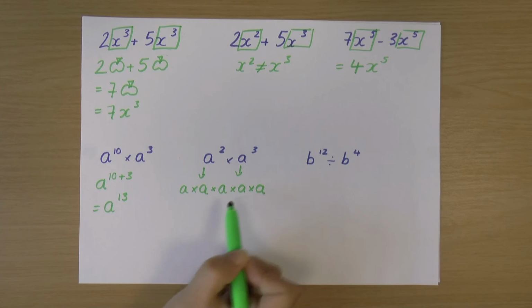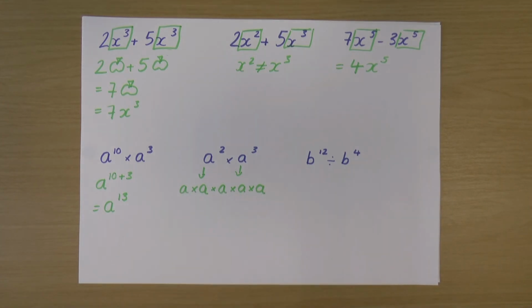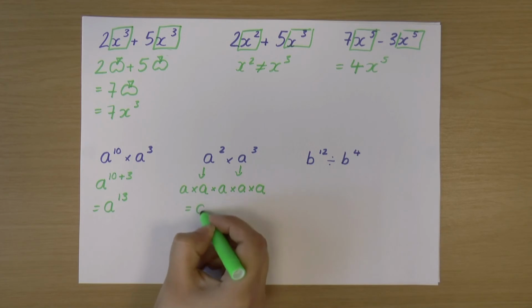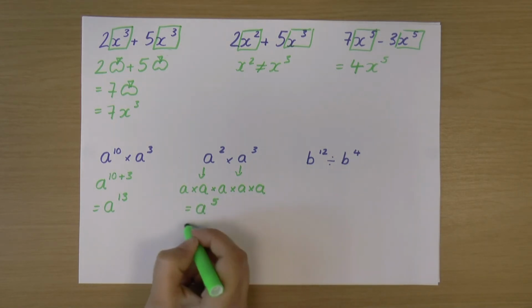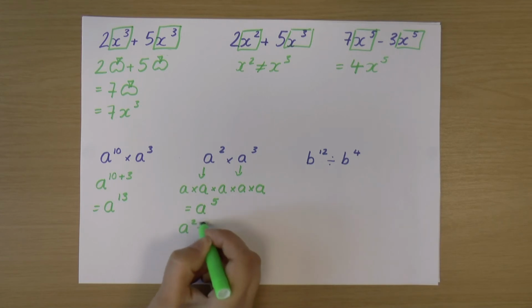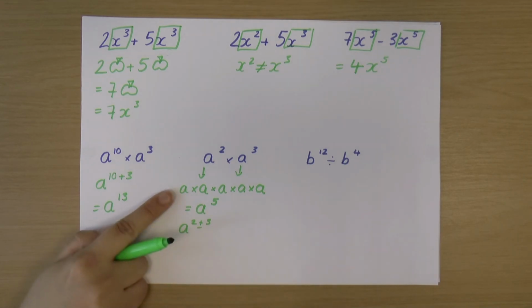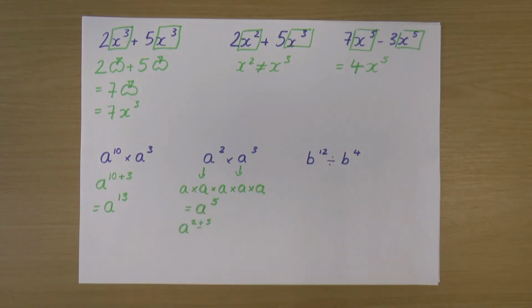So now I've got a line of a's all multiplied by each other. That means I've got 5 a's in total. So this is a to the 5, because it's a to the 2 plus 3. That's what's going on in my indices, 2 plus 3, and when I write it out like this it gives me a to the 5.